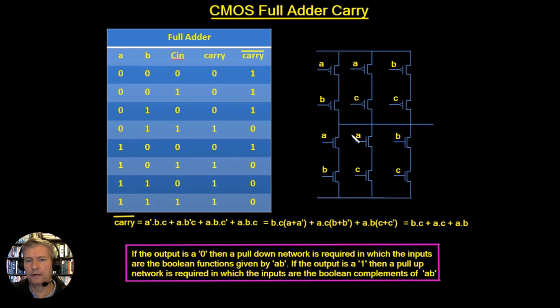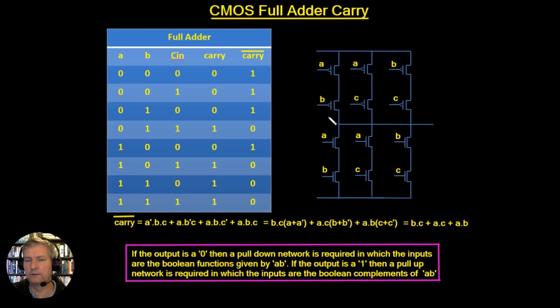So if you look at this one instance here, we could simply say, well, A is going to be in parallel with B, so we make AB in series, so we've put AB in series here.